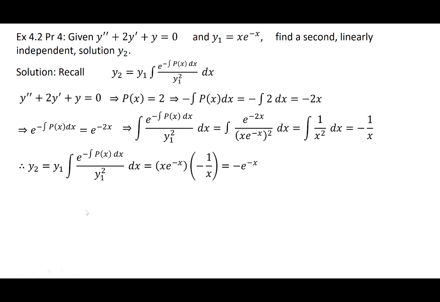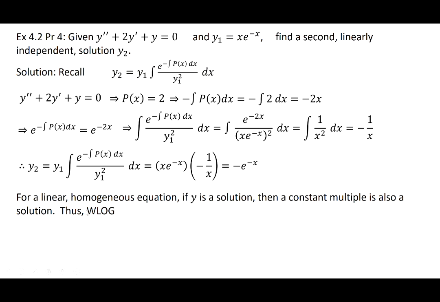But I'm about to say something interesting here. For a linear homogeneous equation, if y is a solution, then a constant multiple is also a solution. What does that mean? Did we say x e to the negative x is a solution of this linear homogeneous equation?